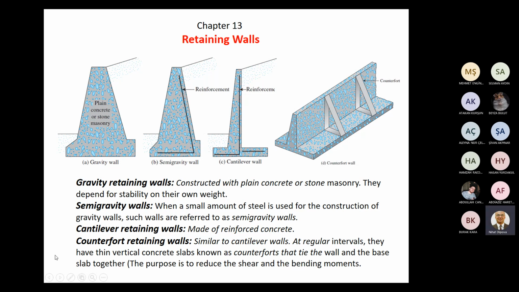And one other variety is counterfort retaining walls. Similar to cantilever walls, at regular intervals, they have thin vertical concrete slabs known as counterforts that tie the wall and the base slab together. The purpose is to reduce the shear and the bending moments.